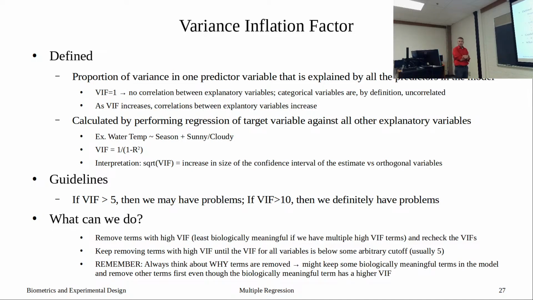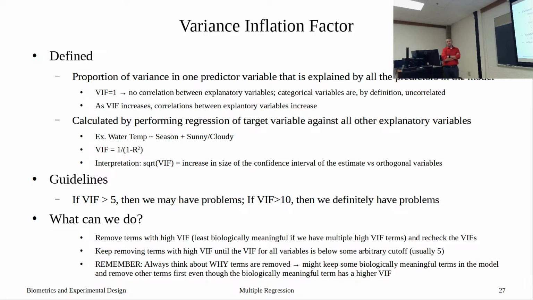As some of our predictors start to explain the variation, our variance inflation factor will start to rise. Now, by their nature, categorical variables are uncorrelated. Red shirts, blue shirts, and shirt sizes, they're independent. They are orthogonal. So this really only applies to our continuous variables.